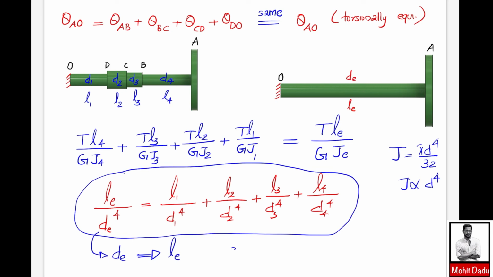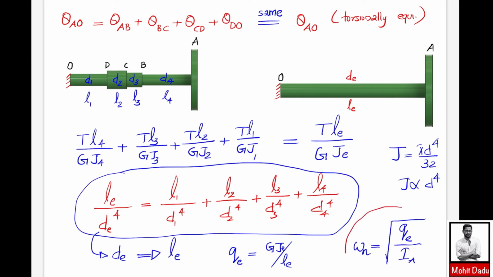From this you can evaluate the torsional stiffness of the shaft, QE, using the equation G J divided by L, that is G JE divided by LE. If you know this, then you can find the natural frequency of the stepped shaft by converting it into a torsionally equivalent shaft, and finally omega n will be equal to the square root of QE divided by I of the rotor, that is the mass moment of inertia of the rotor.